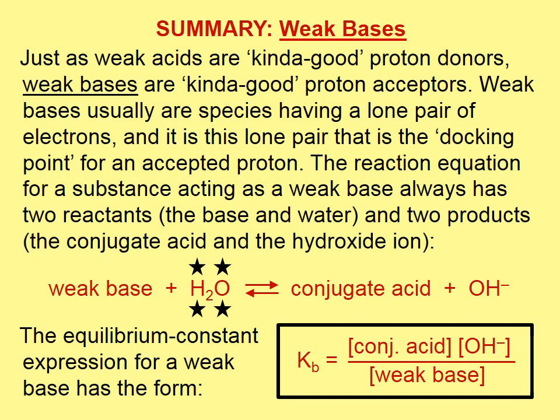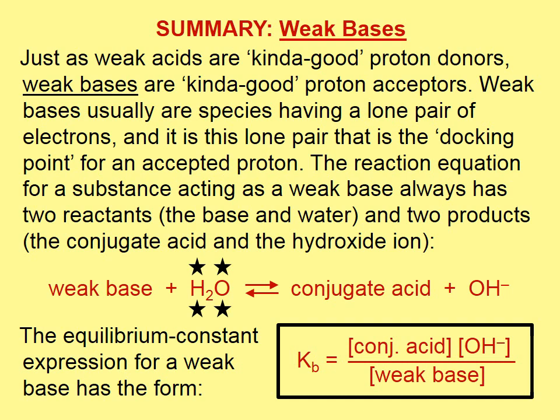Let's summarize weak bases. Just as weak acids are kind of good proton donors, weak bases are kind of good proton acceptors. Weak bases usually are species having a lone pair of electrons, and it is this lone pair that is the docking point for an accepted proton. The reaction equation for a substance acting as a weak base always has two reactants, the base and water, and two products, the conjugate acid and the hydroxide ion.